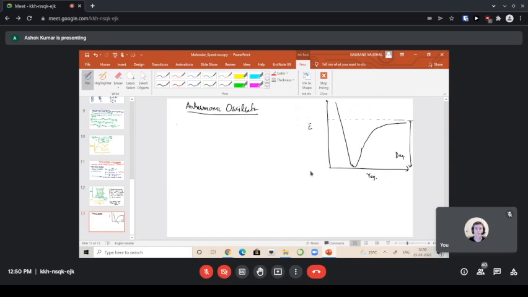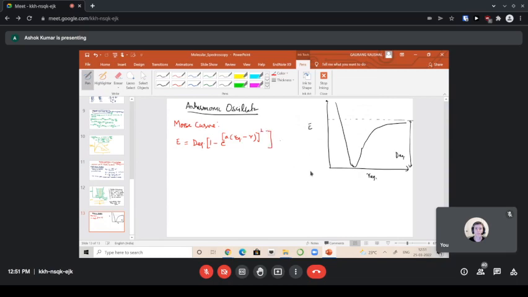You must have learned this Morse curve in solid state physics in BSc, I think. A Morse curve is given by the expression E equal to D equilibrium times (1 minus e raised to the power of some constant a times (r equilibrium minus r)) whole square.